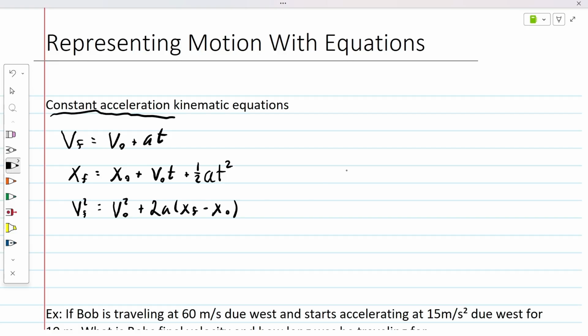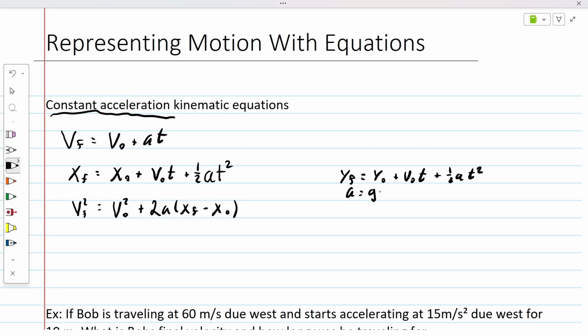For example, this equation could be the y position final equals y initial plus the velocity initial in the y direction times time plus 1/2 the acceleration in the y direction, t squared. And something to note about the y direction is that the acceleration is going to be the acceleration due to gravity, because if you're just in free fall, the acceleration is usually going to be the acceleration due to gravity.